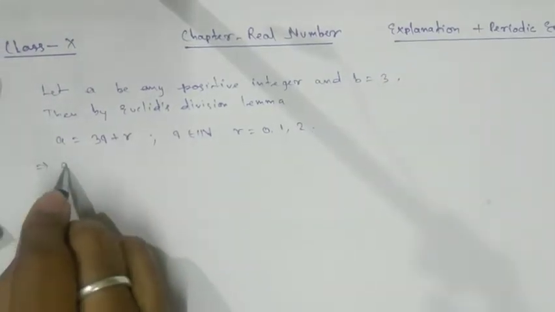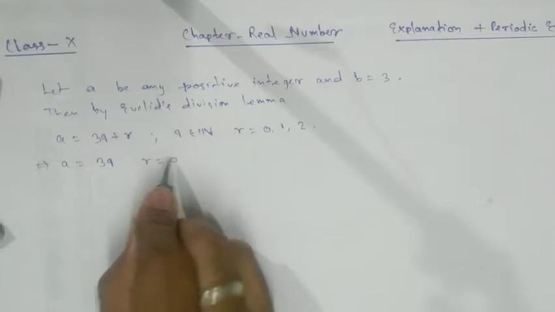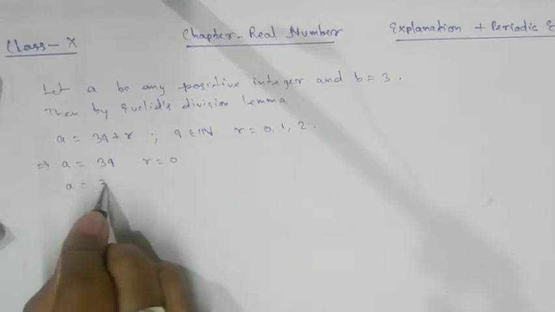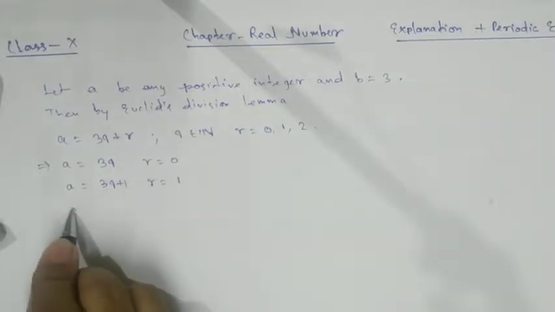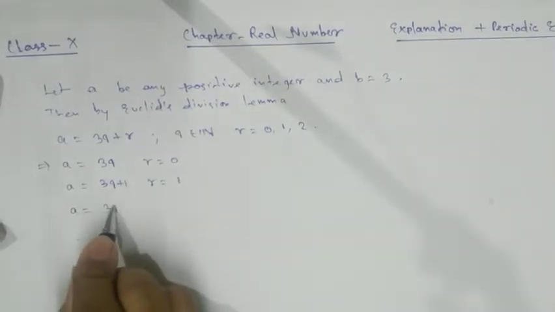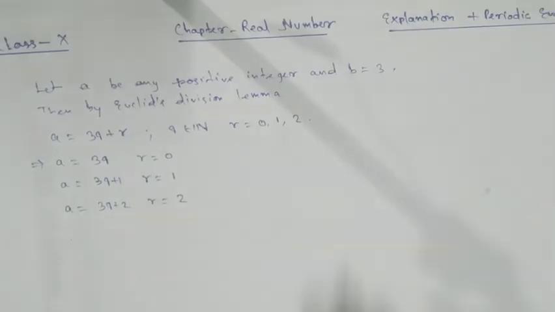So this implies a equals 3q when r equals 0, a equals 3q plus 1 when r equals 1, and a equals 3q plus 2 when r equals 2.